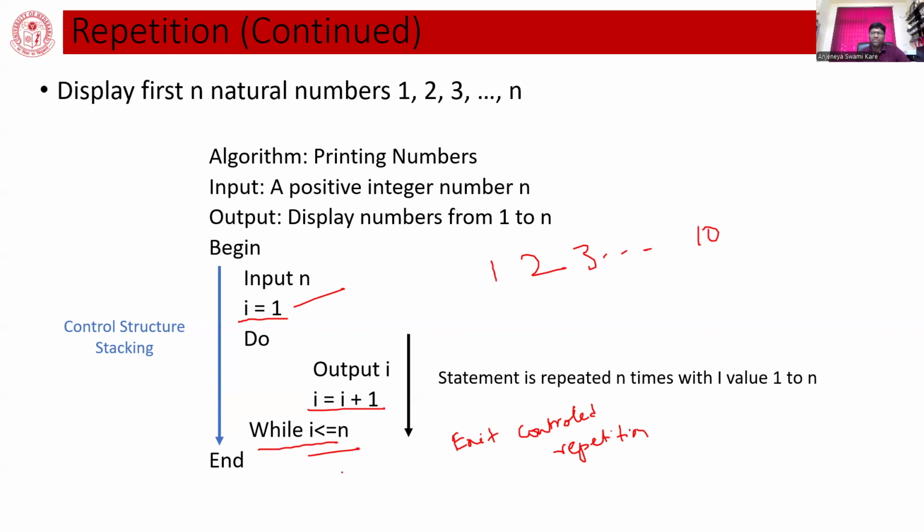The only difference is the while loop is entry controlled repetition, and the do while loop is exit controlled repetition. Here you can also see control structure stacking, because sequence statements are followed by a repetitive statement. These statements are repeated n times, with I values ranging from 1 to n.